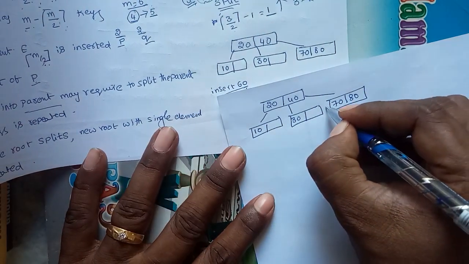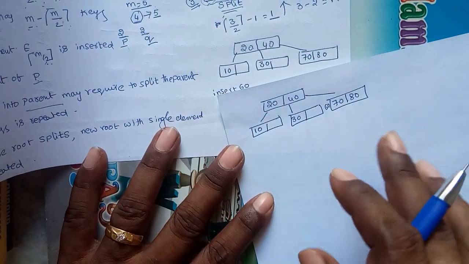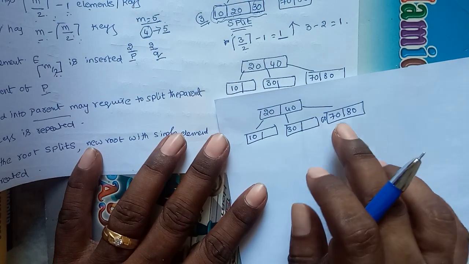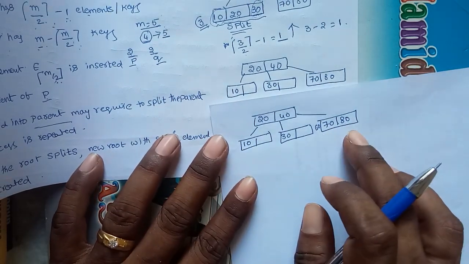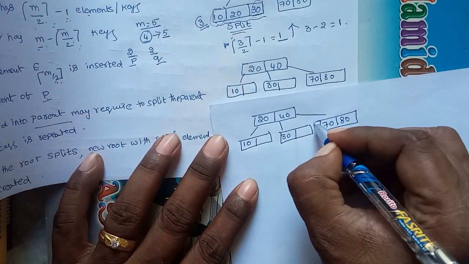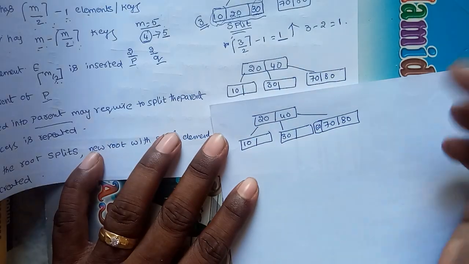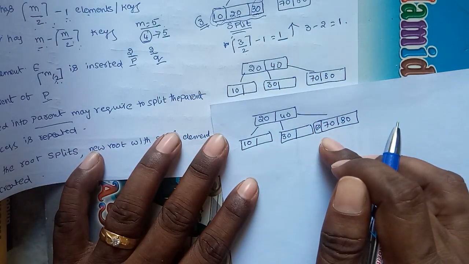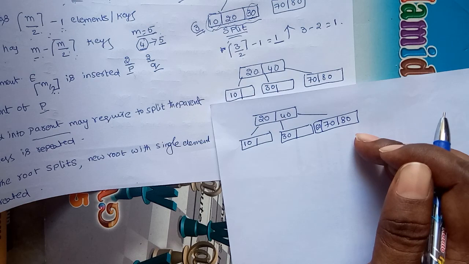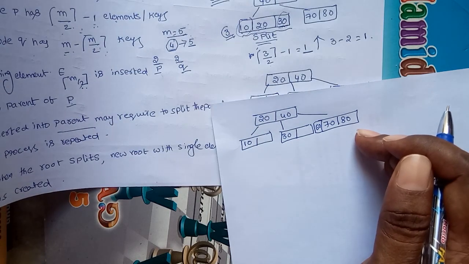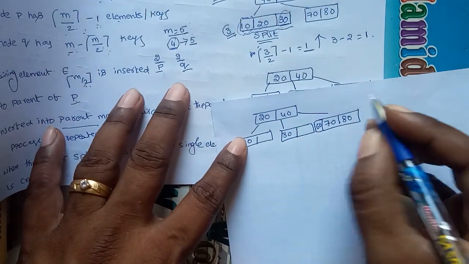So the position of 60 is this one. Insertion at leaf level must be in sorted order. This violates the property because the maximum keys allowed are only 2, but I am inserting a third key. Then what do you have to do?